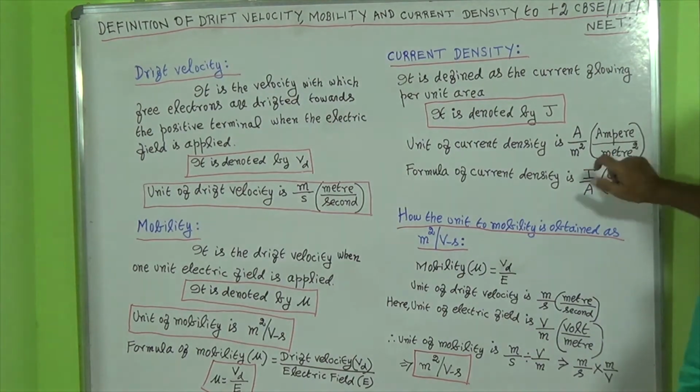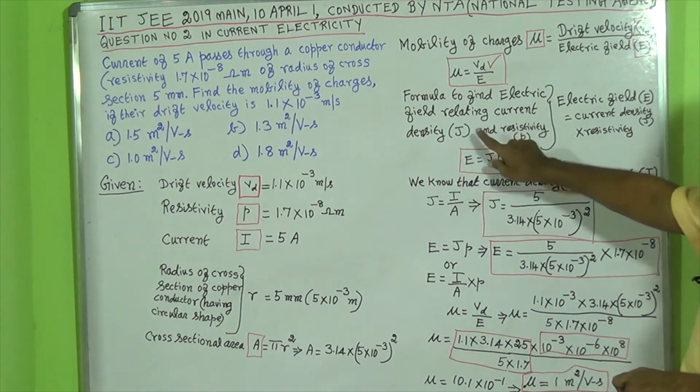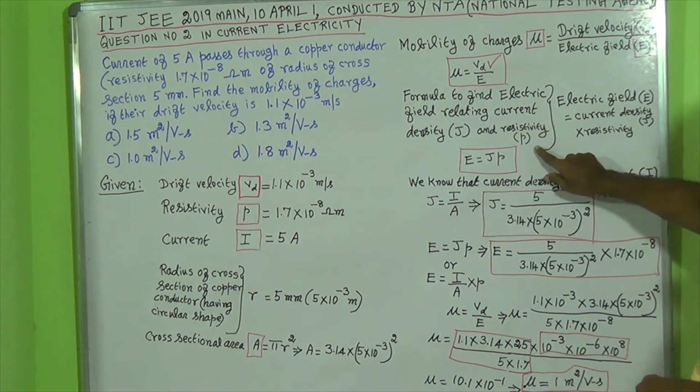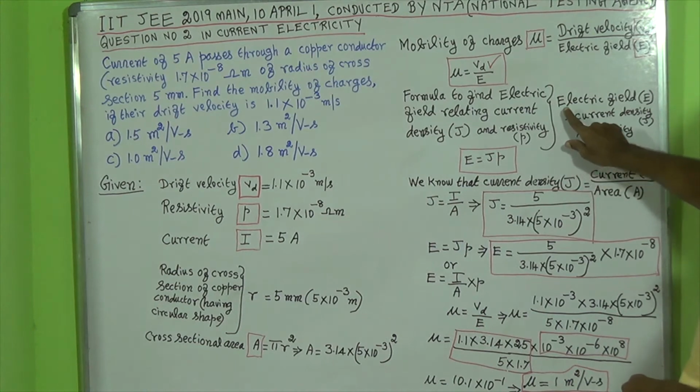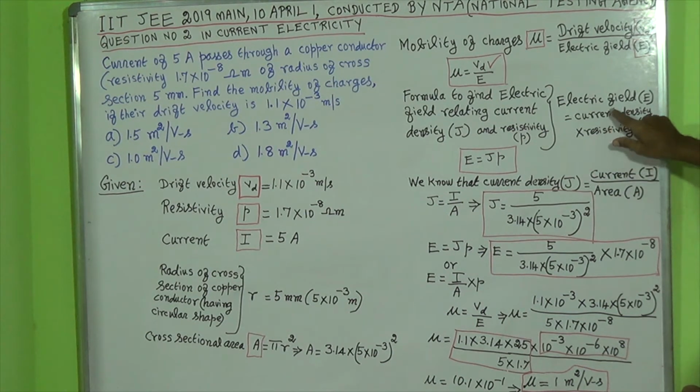The formula to find the electric field relating current density capital J and resistivity rho is, electric field capital E equal to current density into resistivity. So if we know these two data, we can find the electric field.